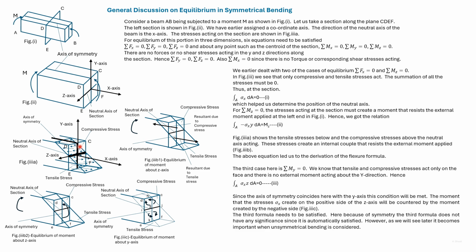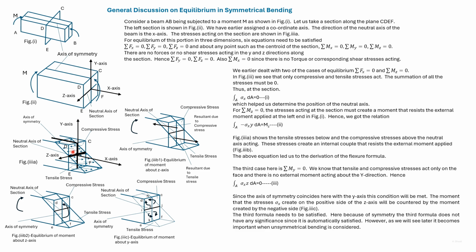Now consider this quadrant, H, C, J, G. Again, there are compressive stresses acting on this quadrant, which will create a moment about the y-axis, as shown by this arrow. Since this line HK is a line of symmetry, or the axis of symmetry, these two moments will cancel each other.